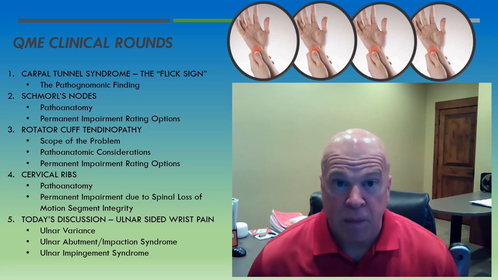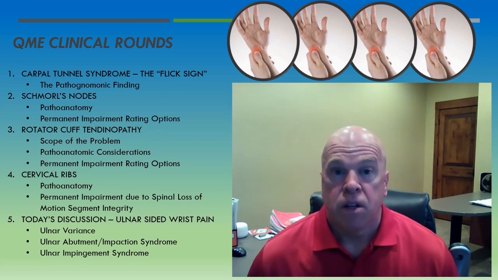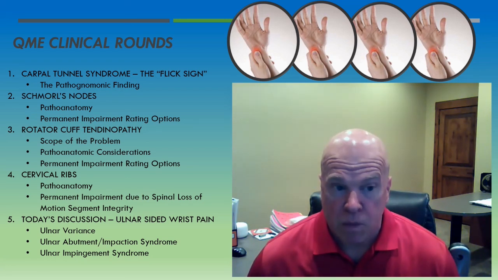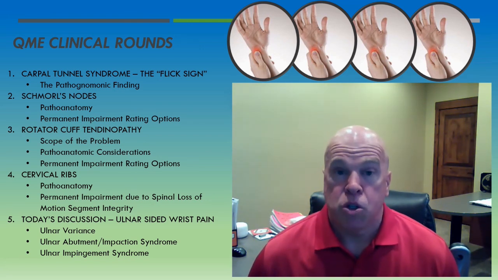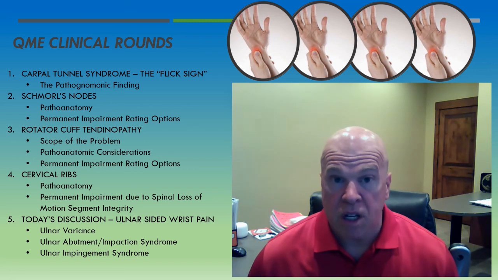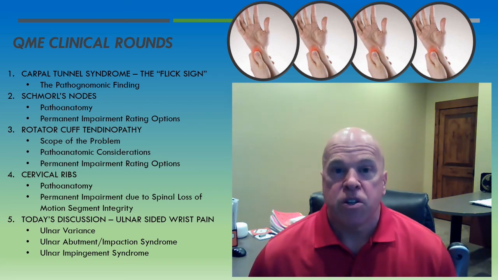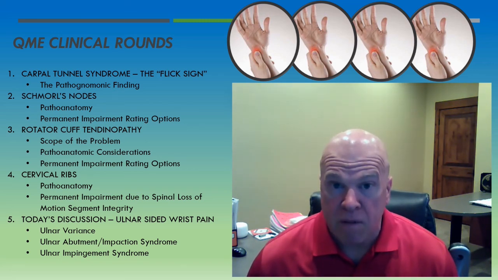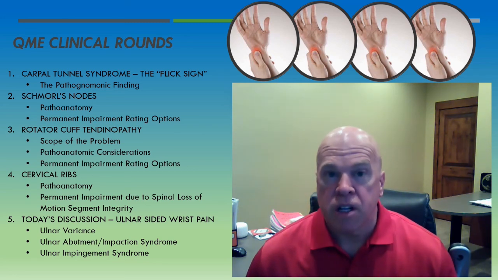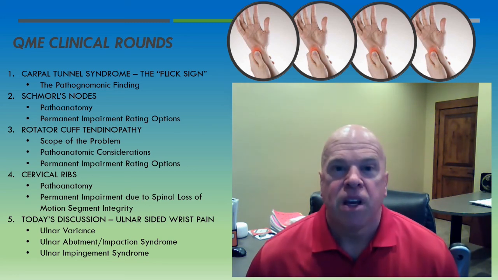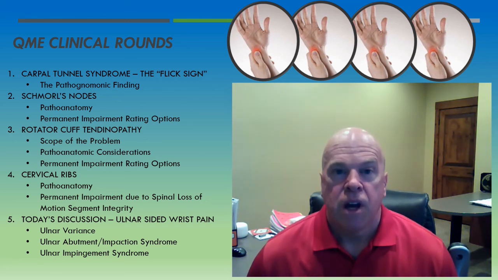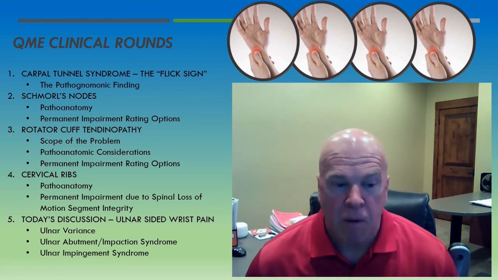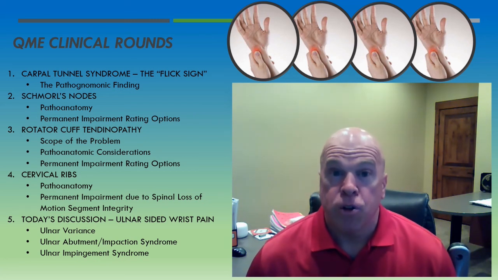And not all qualified medical evaluators do this. But in spinal cases, diagnostic studies are required for the assessment of permanent impairments of the spine. So these are conditions that you will discover, and in those cases wherein you do discover these conditions, I shared with you some permanent impairment rating options for those conditions.